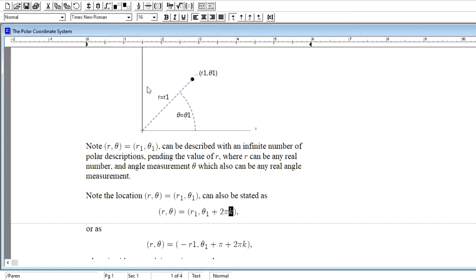Now, in addition to that, r comma theta could actually be described with a negative value for r here. Instead of thinking of r1 being, in a sense, positive in its distance, it could be thought of as being negative in its distance. It would be considered negative in its distance if we were at theta 1, but half a revolution away in that description.